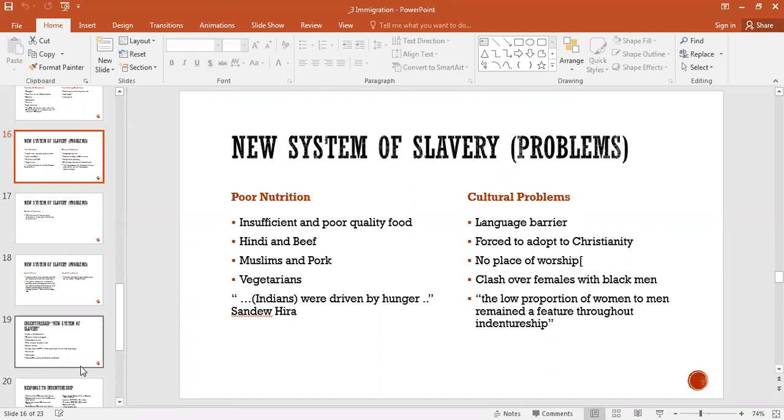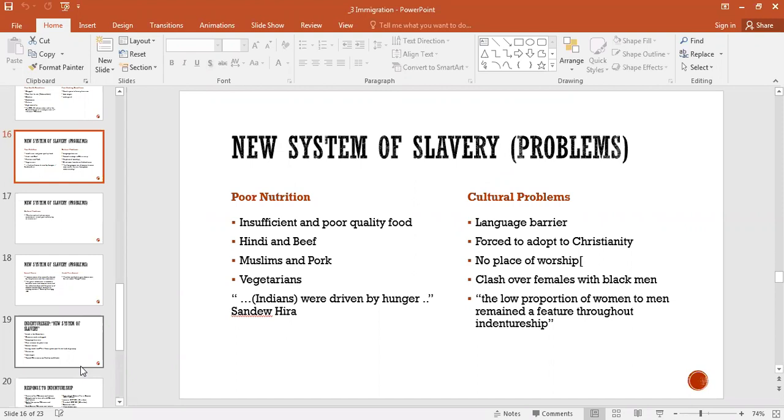That is true. And the only time they gave us salt beef and salt pork during slavery was during the Christmas period. But right now, they are giving the Hindus salt beef and they're giving the Muslims salt pork, and they were vegetarians.